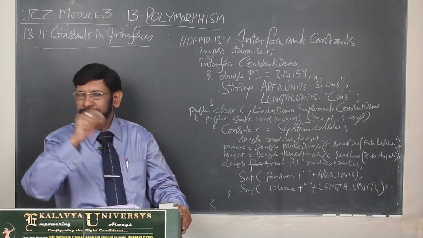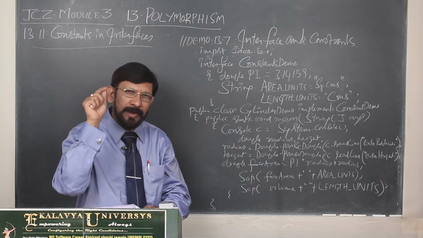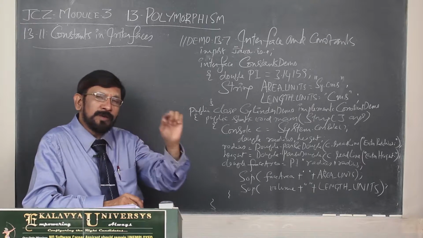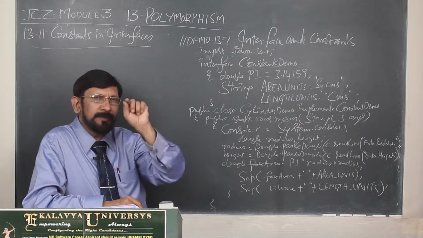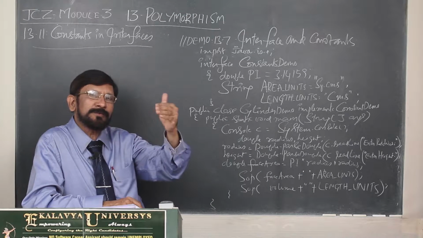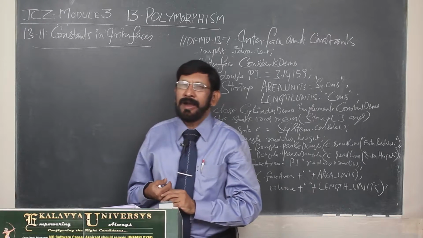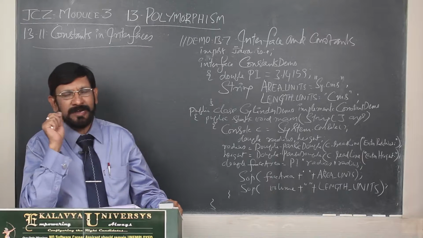But in case of the same name, how can you use the constant of the super interface having the same name? By fully qualified name. Qualified name means super interface name dot that name. Then you can use the super interface constant also. That point you have to understand. And as these are public, any client can use these constants.